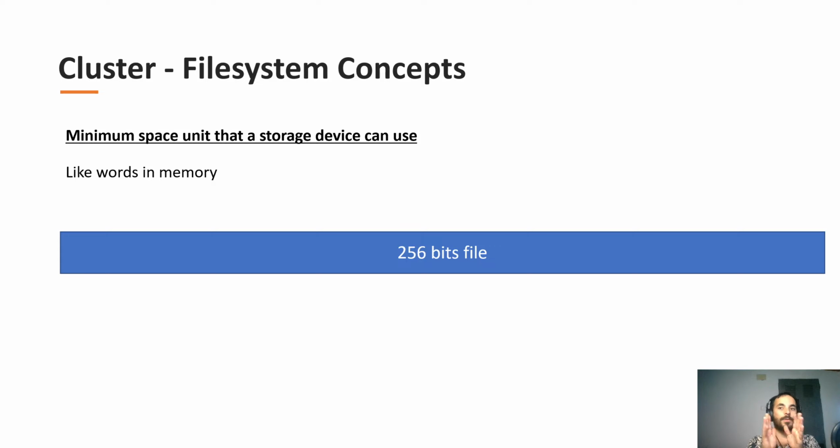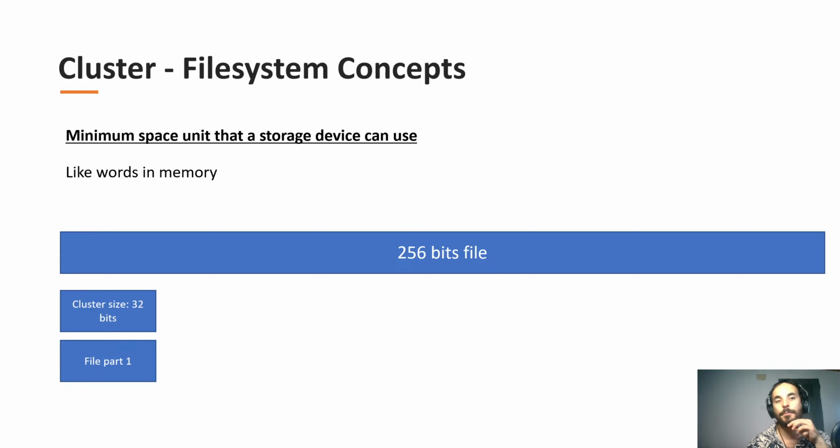So the cluster defines the minimum size of those bytes of files. For instance, if the cluster size is 32 bits, you are going to split this file into 8 parts, because 256 divided by 32 is 8. I did it on purpose, obviously.